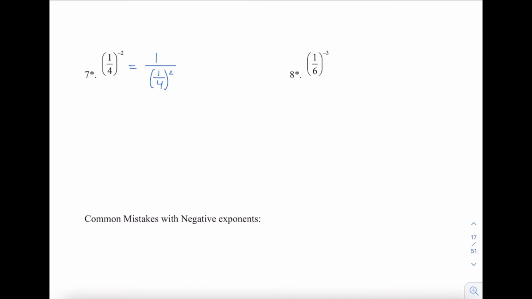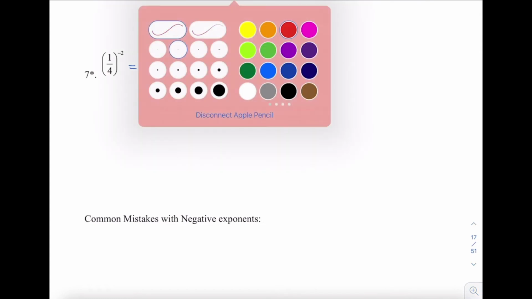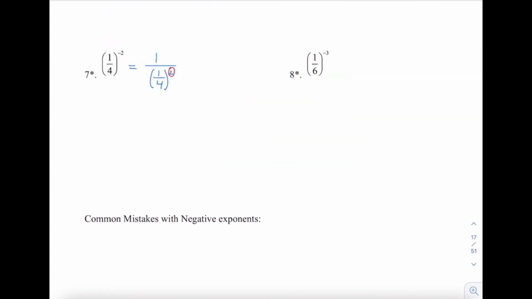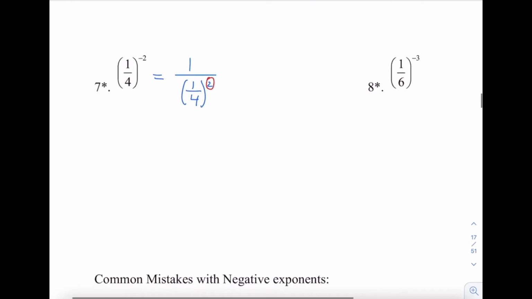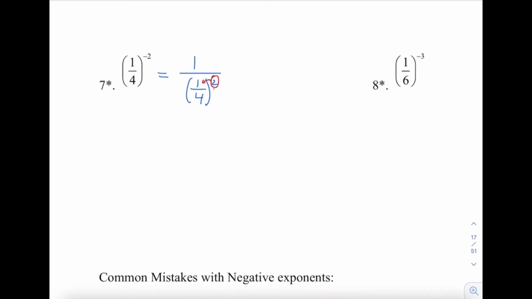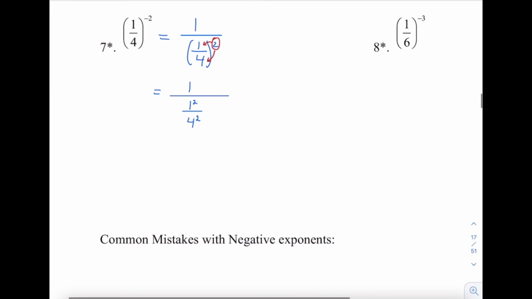So anytime you have a fraction, what you want to do is think about this exponent 2 being applied to the numerator and the denominator within the fraction. So to simplify this, what we're going to do is write this as 1 to the power of 2 divided by 4 to the power of 2. Okay, big denominator here. 1 squared is 1, and 4 squared is 16.